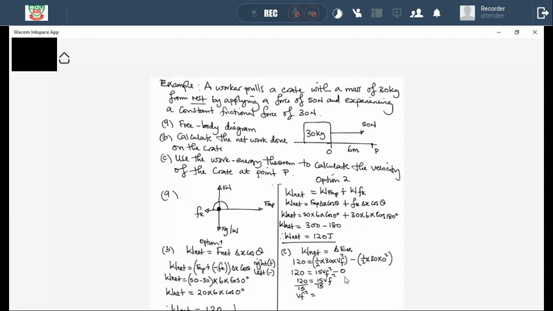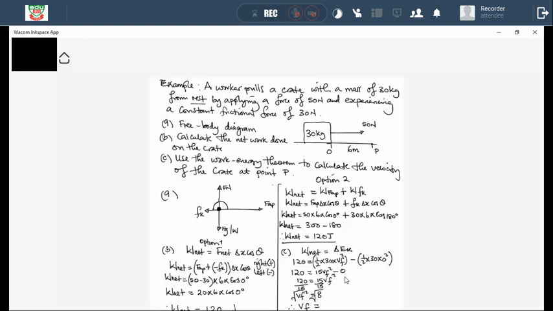VF squared is equal to 120 divided by 15, which is 8. Then take the square root of both sides. We are doing math now. Therefore, VF is going to be the square root of 8.